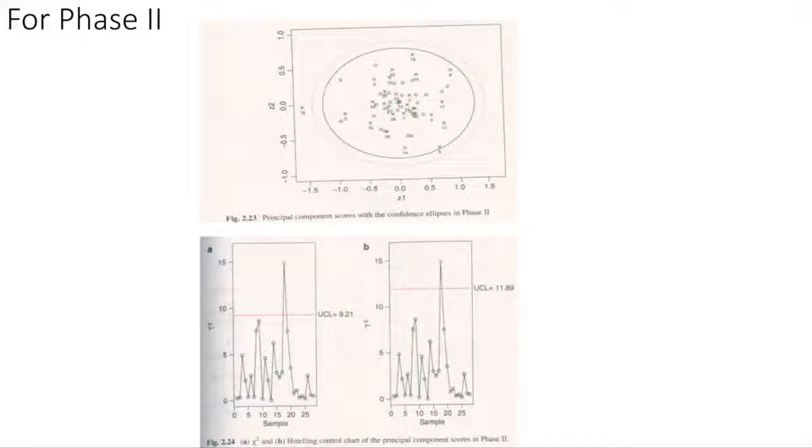In the output of the t-chart, the source of variability is associated with the principal components. This way we can apply various multivariate control charts to our dataset to keep our process in control and to get the maximum information from it. Thank you.